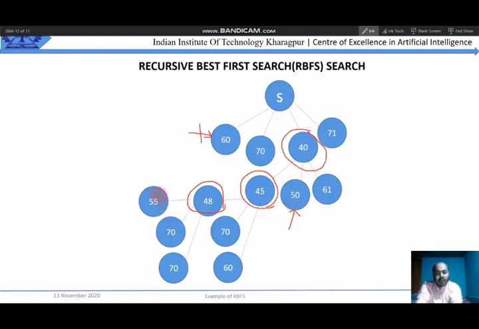So this will roll back from this point. Among them 55 is the smallest, so this value will be 55 now. Among these nodes, again 55 is the smallest, so now this is 55, and then this will be 55, and these nodes will be deleted.